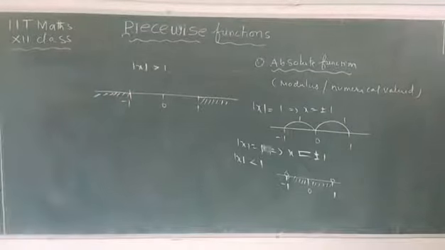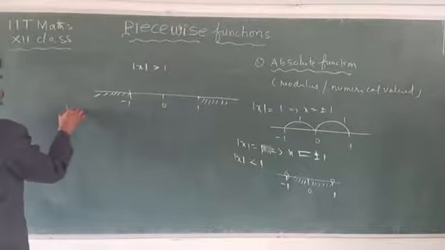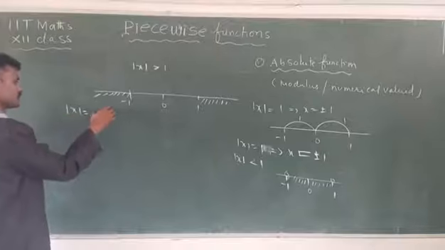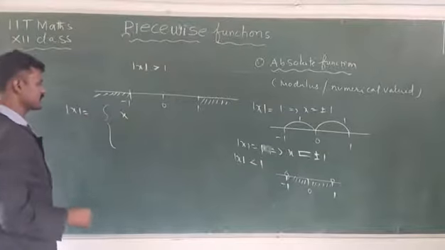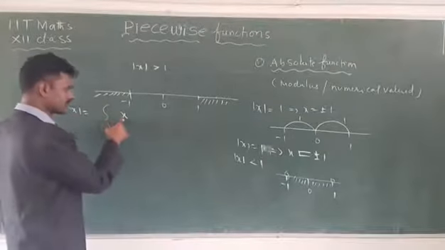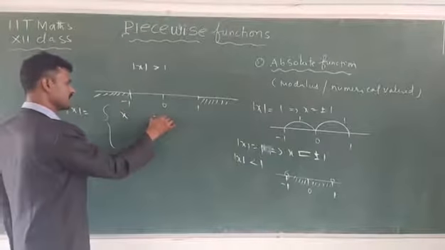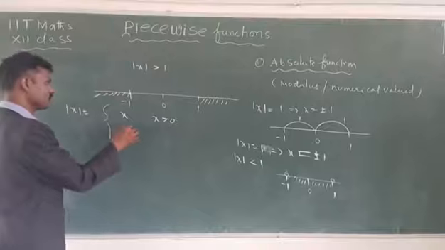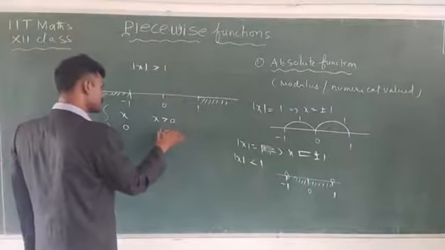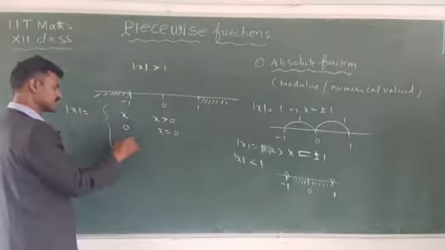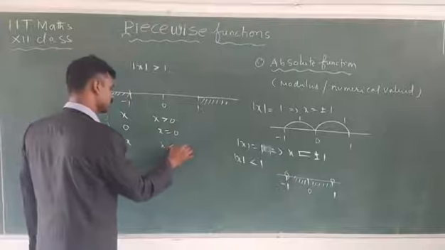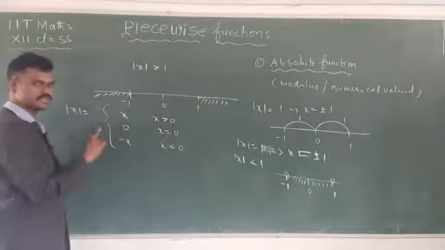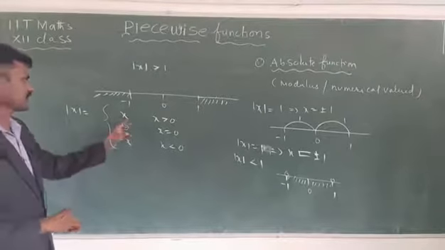Now see here, modulus of x is equal to x when x is greater than 0, it is 0 when x is equal to 0, and it is minus x when x is less than 0. This is rewritten as: x when x is greater than or equal to 0.